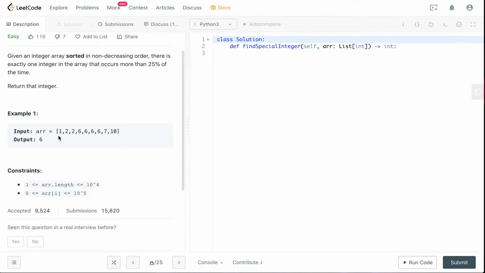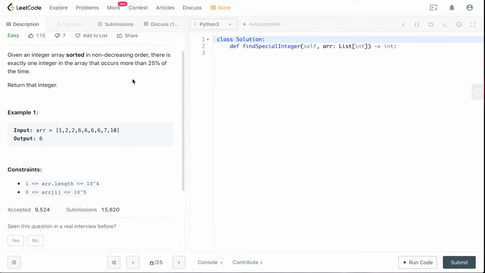So example 1, the array given is here and the output is 6 because, well, the length is 1, 2, 3, 4, 5, 6, 7, 8, 9. 9 multiplied by 0.25 is 2.25.